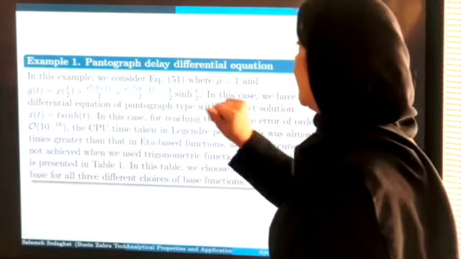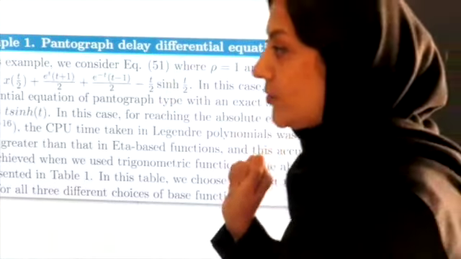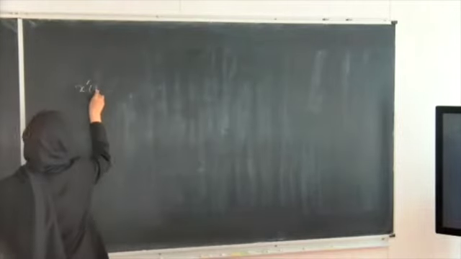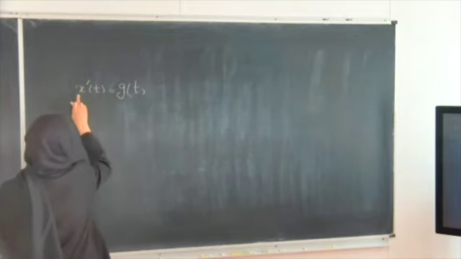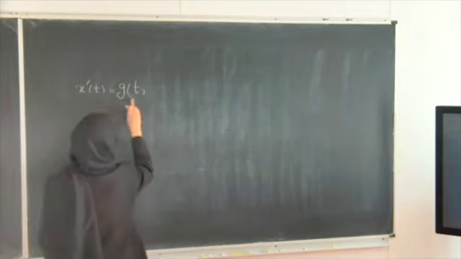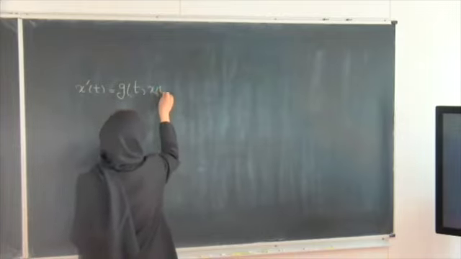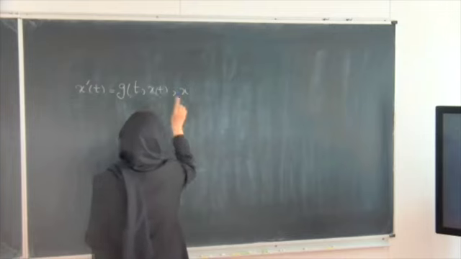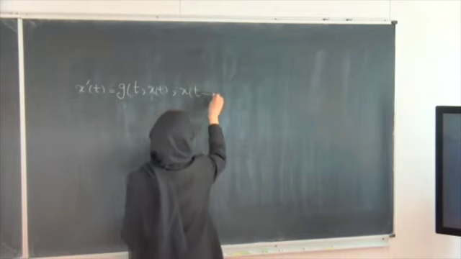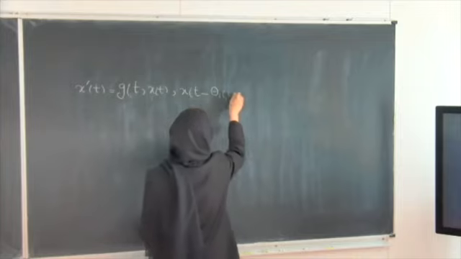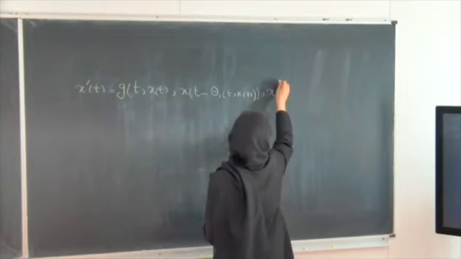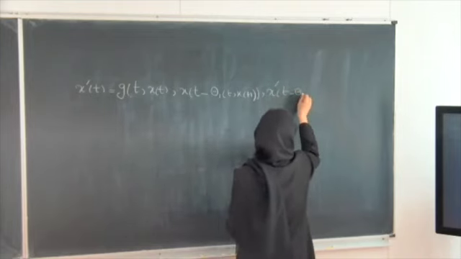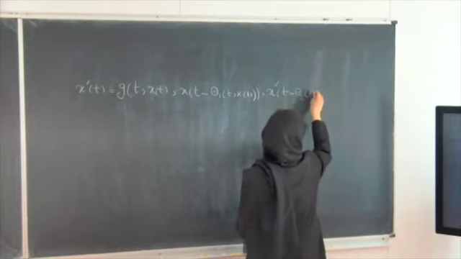In this example, we have a pantograph delay differential equation. We want to investigate this delay differential equation: x dot of t equals g of t, x of t, minus x dot of t minus theta.